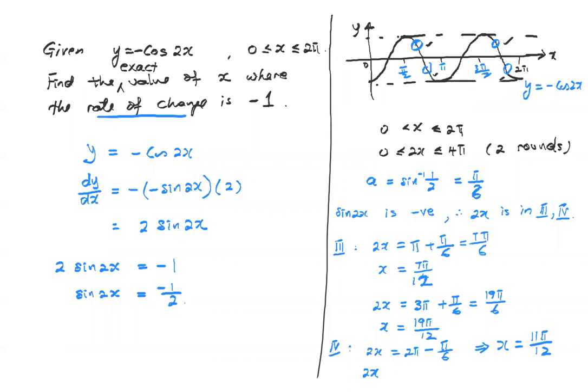2x, go the second round, it will be 4 pi minus pi by 6. So your x will be equal to 23 pi by 12. Are you okay? So this is how it goes.